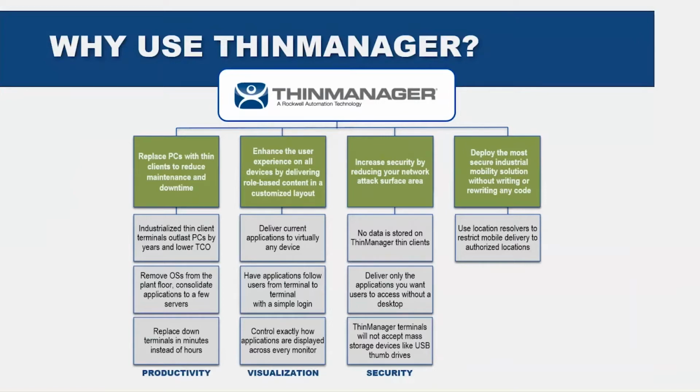Deny it if you move outside of a certain area, you lose certain content. Very powerful. Delivering existing content and applications to iOS, Android, and Windows-based mobile devices without having to rewrite any code. Again, ThinManager makes that possible.